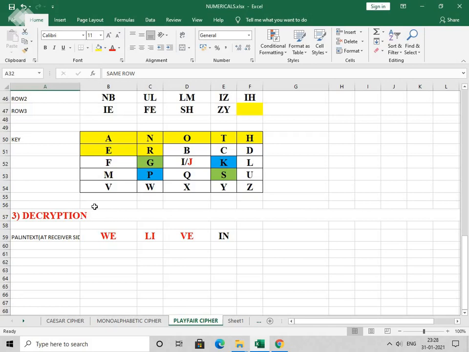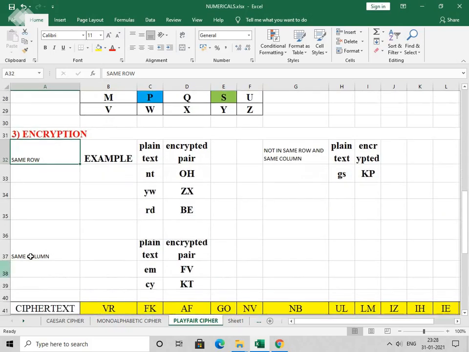Next rule, if both the letters of a pair are in the same column, then each letter is replaced by the previous letter, that is the letter above the plaintext letter, in the same column. Now, in the encryption process, if the pair occurs in the same column, then we used to replace by the letter which is below the plaintext letter.